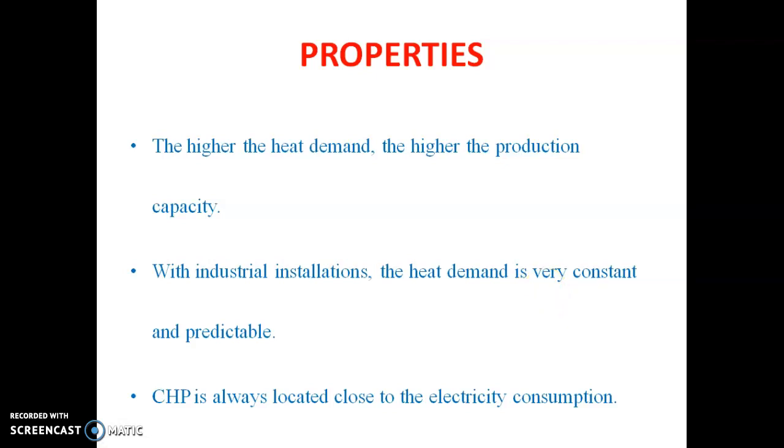When CHP is used for room heating, either industrial, in offices or for domestic purposes, the heat demand depends on several weather parameters: the difference between indoor and outdoor temperature, the wind speed and the irradiance. Each of these parameters is very difficult to predict, so the amount of production cannot be accurately predicted here.